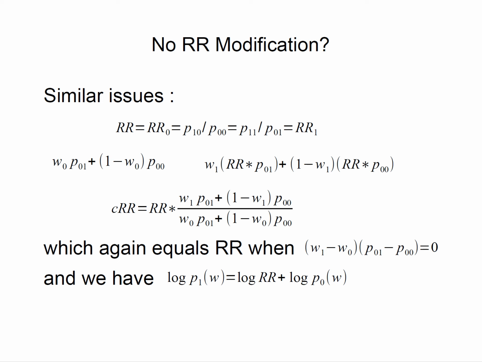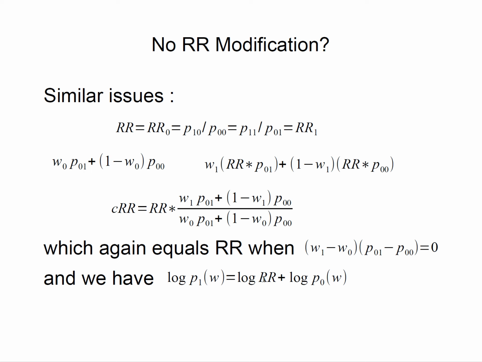And following through a little bit of algebra here, we get again that the log of the probability function for those exposed and the log of the probability function for those unexposed differ by precisely the log of the assumed common risk ratio.